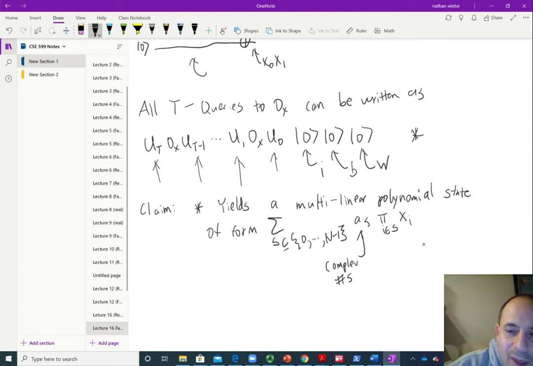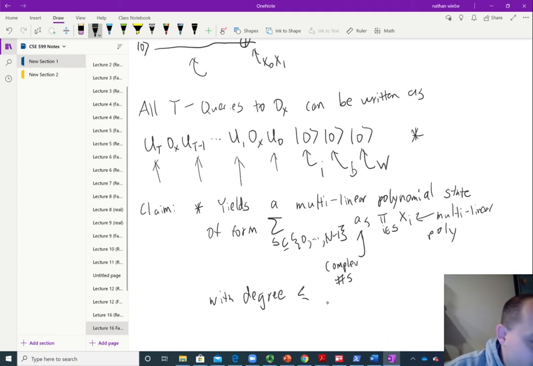Okay, and so this is what I mean by a multilinear polynomial with degree less than or equal to T.